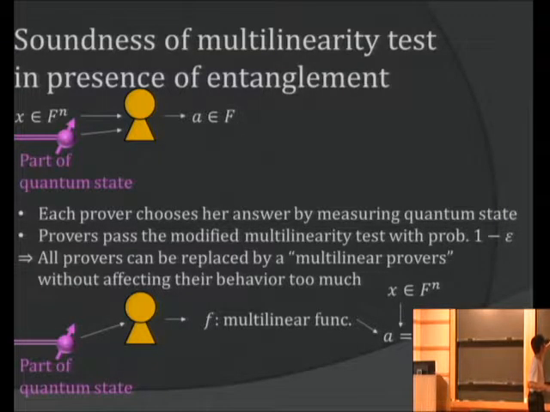So if we start with a prover who receives a point in F to the n, and also has her share of a quantum state and measures it depending on this point and receives one value, and if they pass this combination of multilinearity test and consistency test with high probability, then we can replace this prover by this much more restricted prover who decides which multilinear function to use without looking at the point.